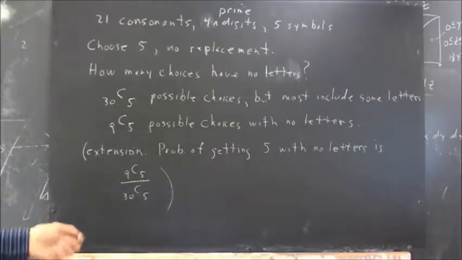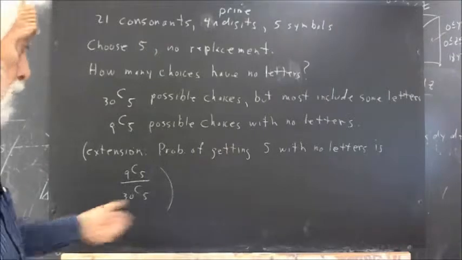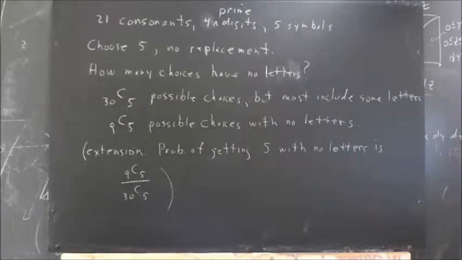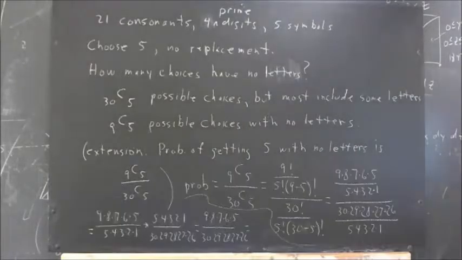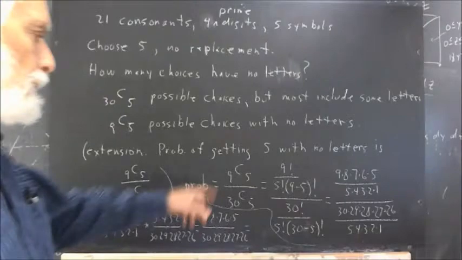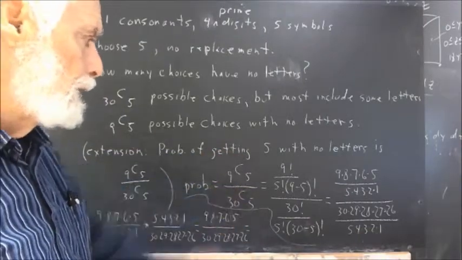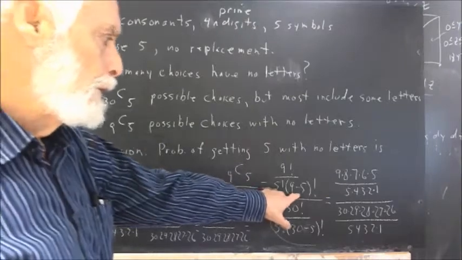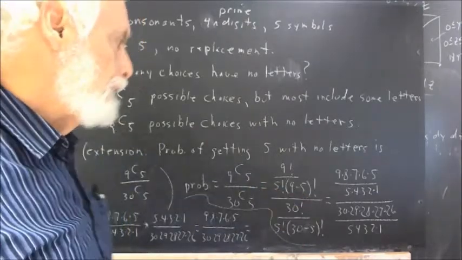And just as a little more extension, this video isn't running too long. You don't have to watch the rest if you don't want to, but I'm just going to write down how those numbers work out. I'm going to do that off camera, then we'll talk about that. Okay, our probability is 9C5 over 30C5. 9C5 is 9 factorial over 5 factorial times 9 minus 5 factorial.